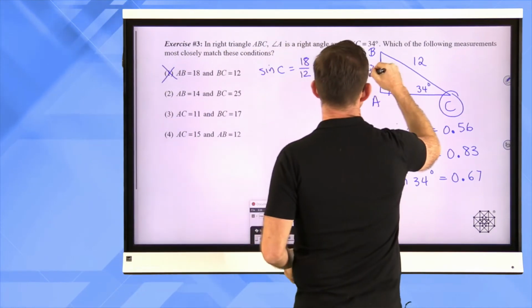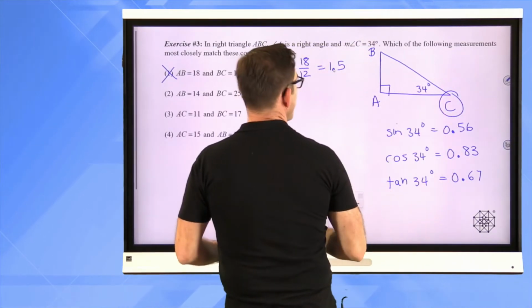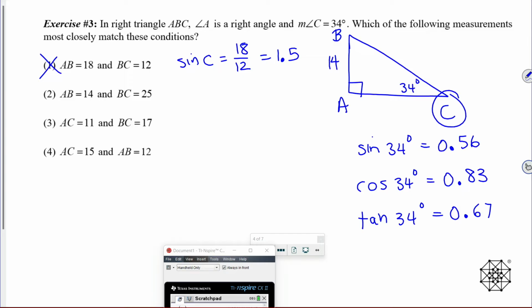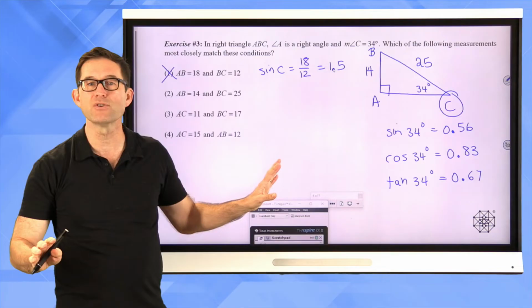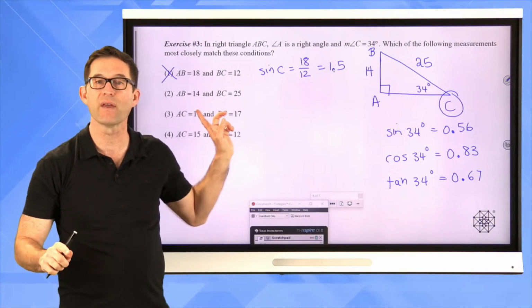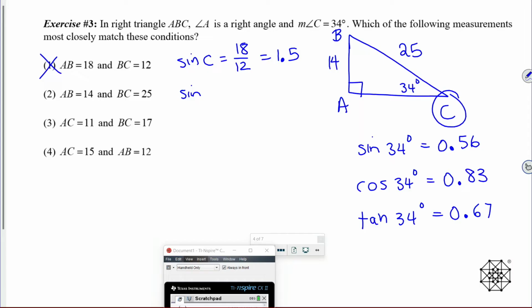Okay, let me just erase these. All right, what's my next one? AB is equal to 14 and BC is equal to 25. That is, again, my sine ratio. So my ratio stayed the same in this case. I still have AB and BC. So that would be the sine of C equals 14 divided by 25.